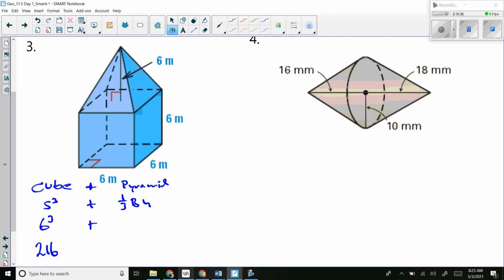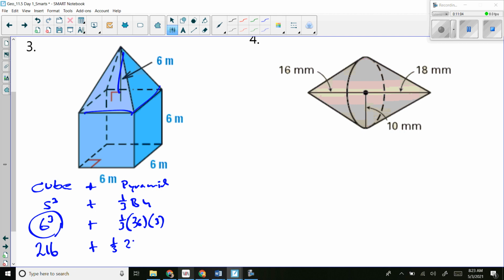Plus, if you look at the top here, this is also interesting because our base is also 6 times 6, which is 36. But the height is also 6. Well, 36 times 6, or 6 cubed like we just did, is also going to be 216. So we're really just adding a third of 216.